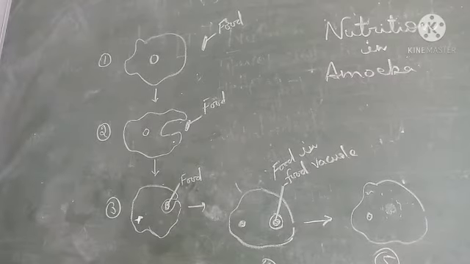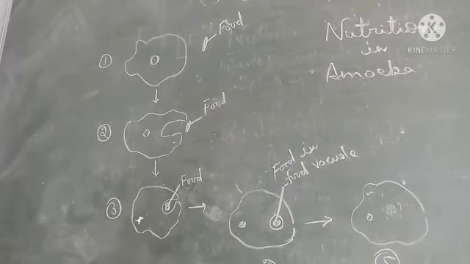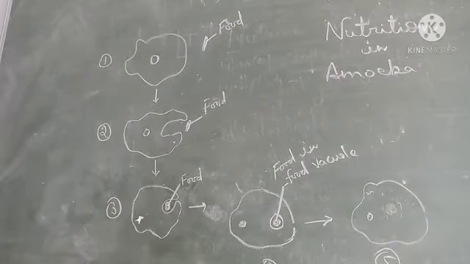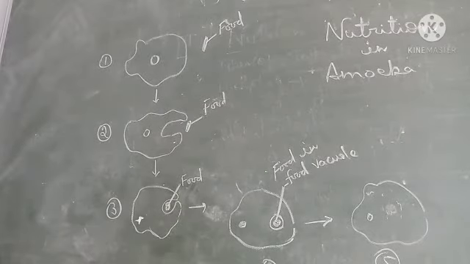Cytoplasm flows towards the food and forms pseudopodia, which is shown in the second diagram. In the third diagram, this pseudopodia forms a cup-like structure in which food is captured.